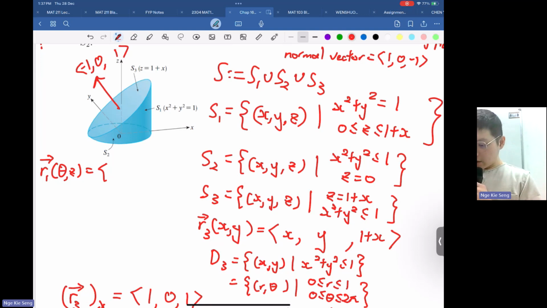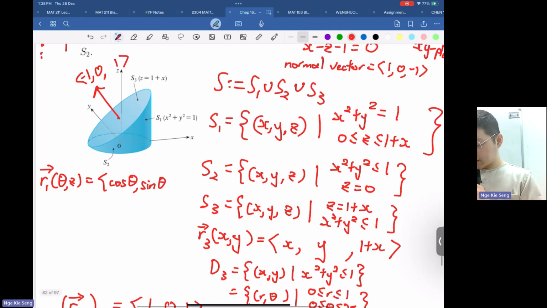In the xy direction we use cos theta and sin theta, because this is the side of the cylinder with radius 1. Usually you would put radius times cos theta and radius times sin theta, and then the height z.